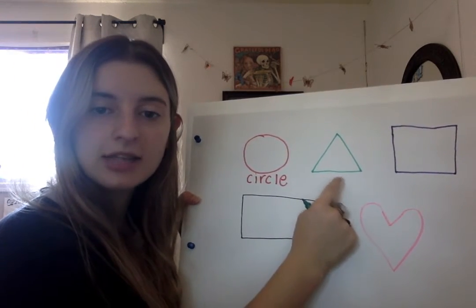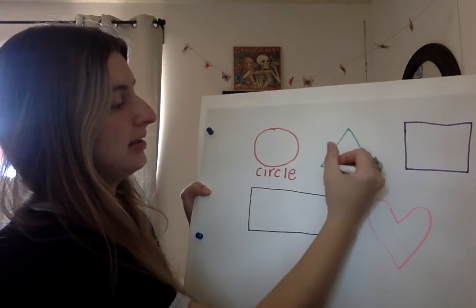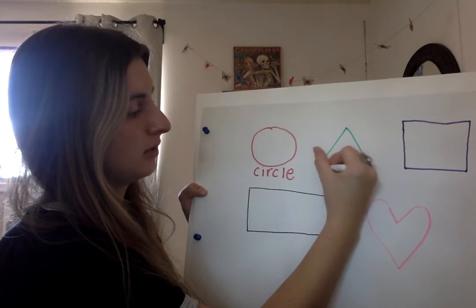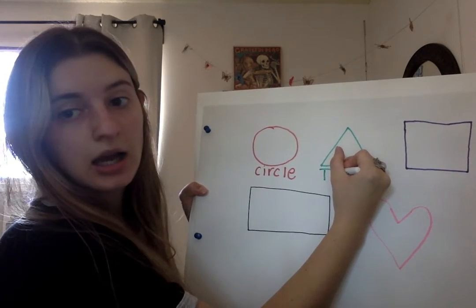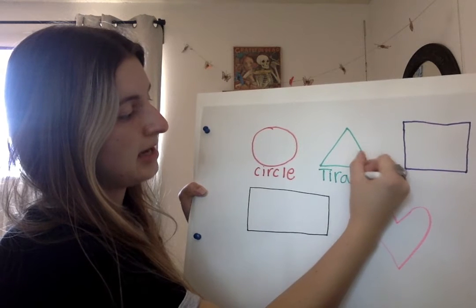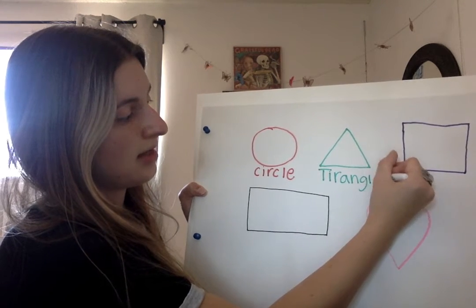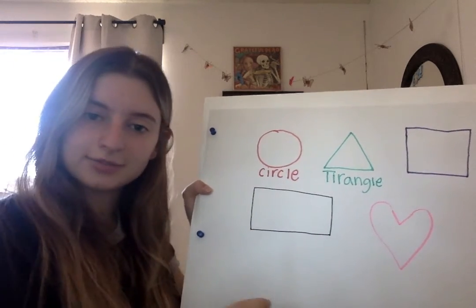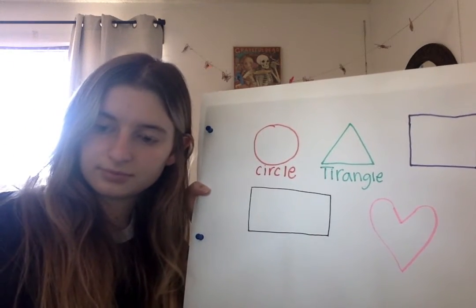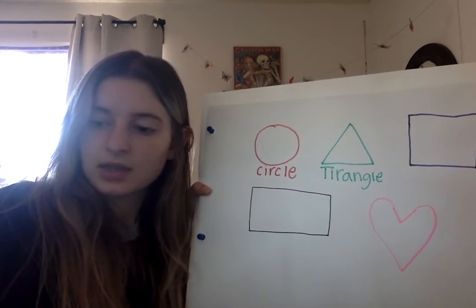Awesome. Now, can anybody tell me what this green shape is? Go ahead and raise your hand if you can tell me. Right, it is a triangle. T-R-I-A-N-G-L-E. Triangle. Awesome.